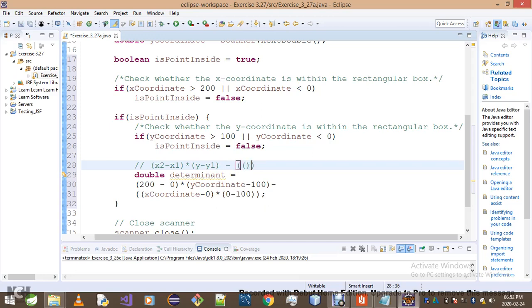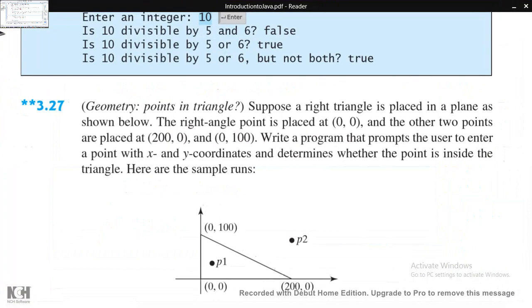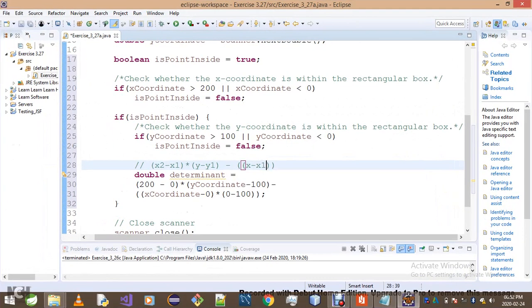Once you do that, you will then minus x. This x is actually the x coordinate for the point you want to determine, right? Minus x1, if I'm not mistaken. No, actually it's not x1. It's x2. That was so stupid of me.